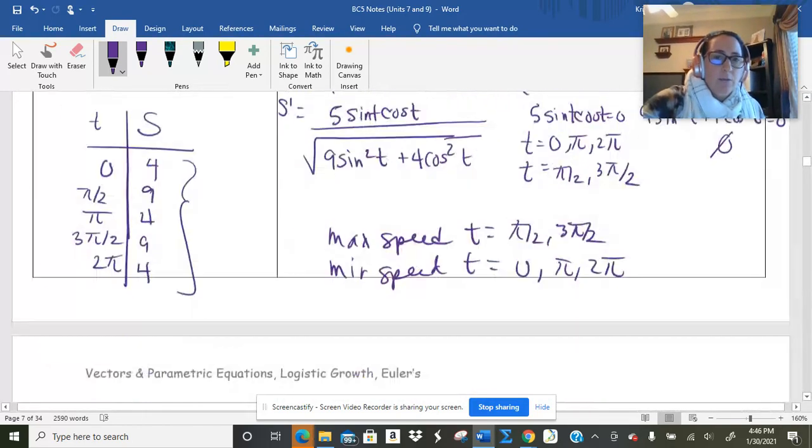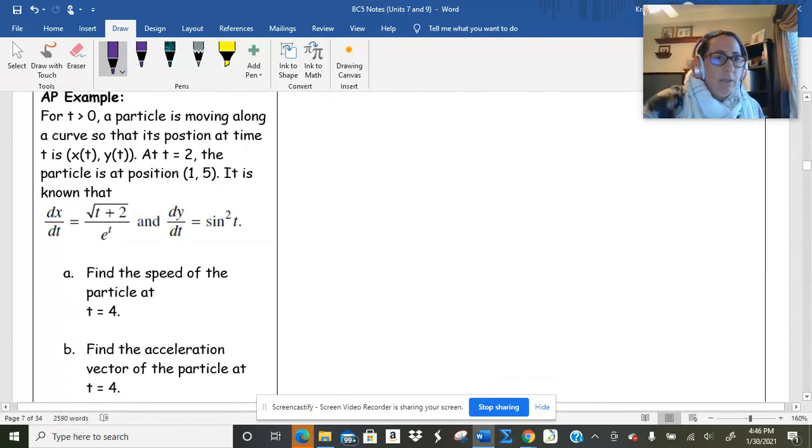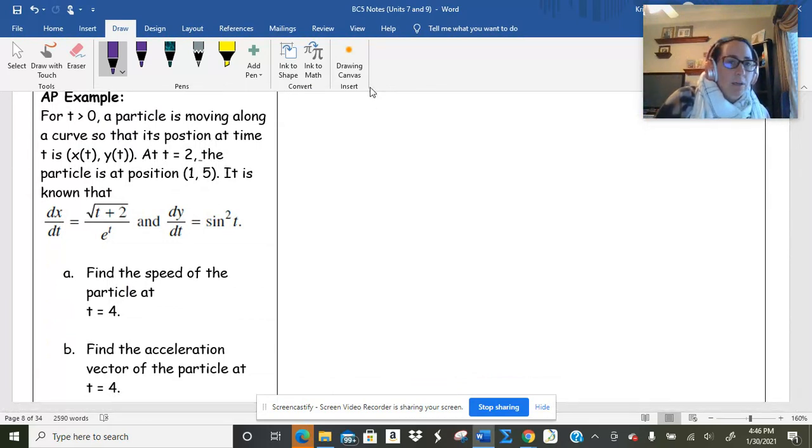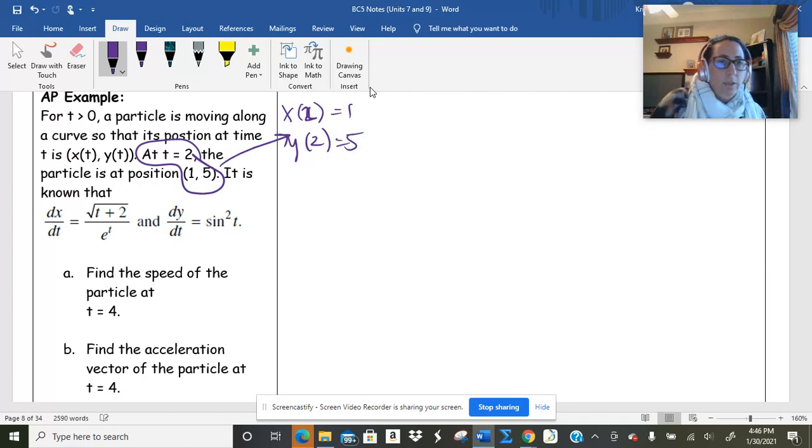All right, let's go do the next one. Here's an AP example. So a particle is moving along its curve so that this is the position, and then they gave me this right here. So I know that x of 2 is 1 and y of 2 is 5. So I got that from knowing this.